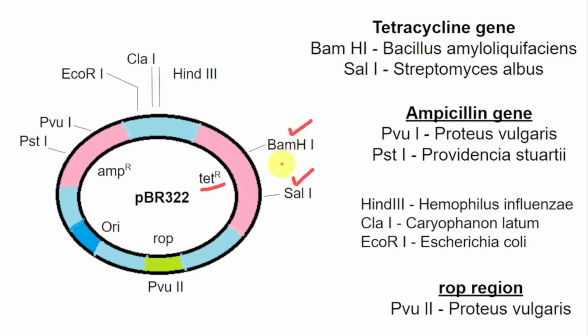So in case someone uses BamHI for insertion of foreign DNA, the resultant transformant cell will be sensitive to tetracycline because the gene for tetracycline is now completely disrupted. But the transformant colonies will be resistant to ampicillin, and this is how we identify them. Their ability to resist ampicillin but their sensitivity to tetracycline helps in identification of transformants.